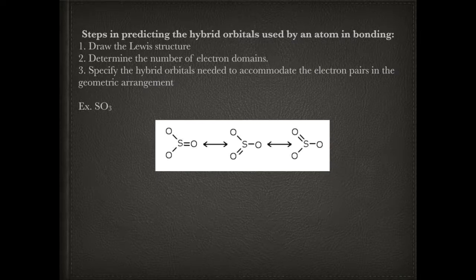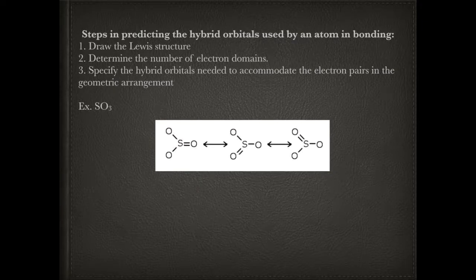And then based on the number of electron domains, you need to specify the hybrid orbitals needed in order to accommodate those electron domains. So in this case, since you have 3 electron domains, the hybrid orbital would be sp2 because that takes care of the 3 electron domains.